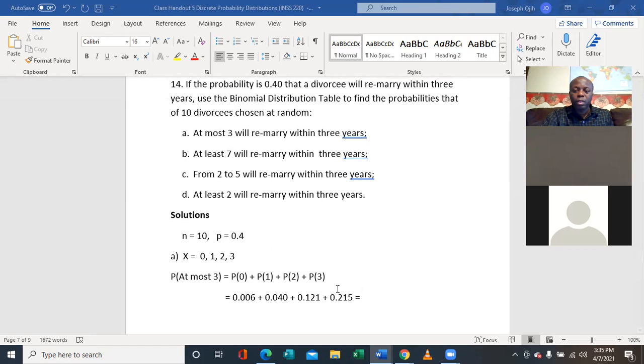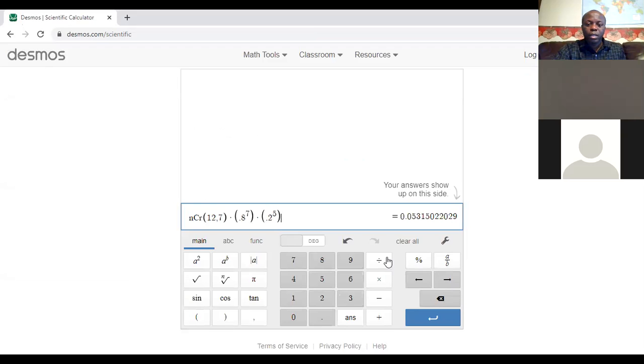We go to Desmos calculator, and then we can clear this up. So we have 0.006 plus 0.040 plus 0.121 plus 0.215.